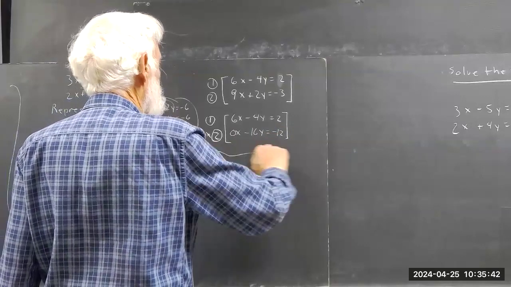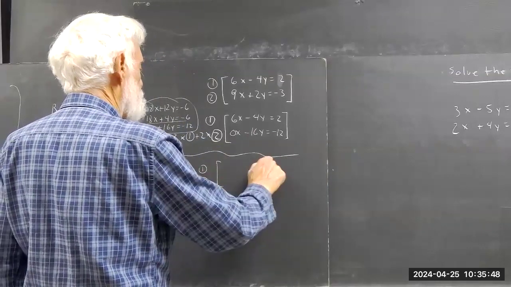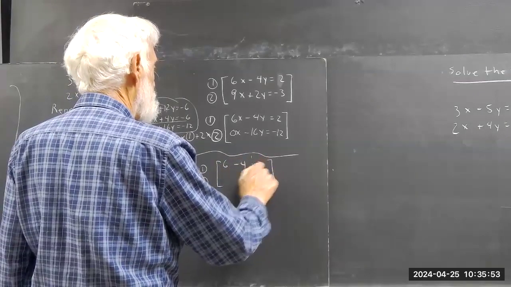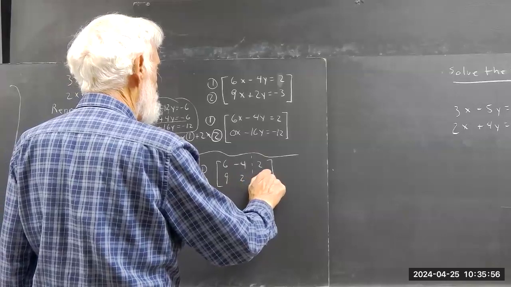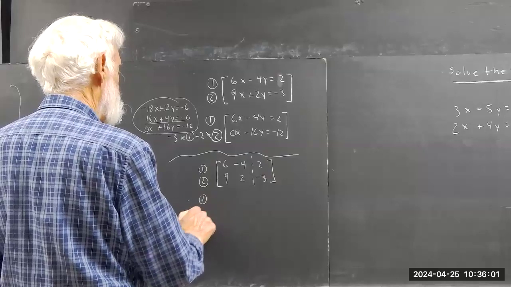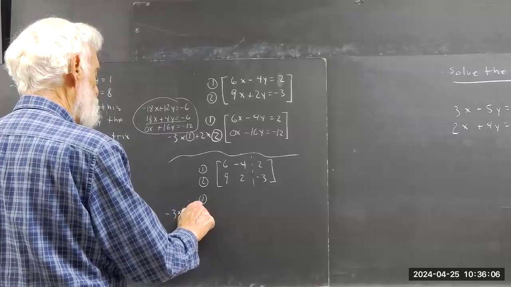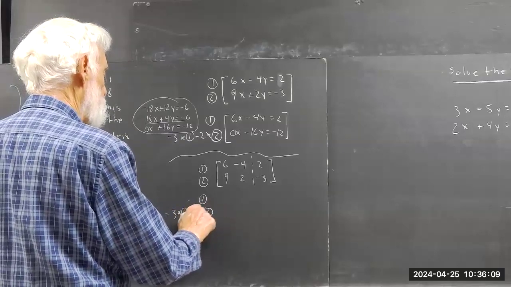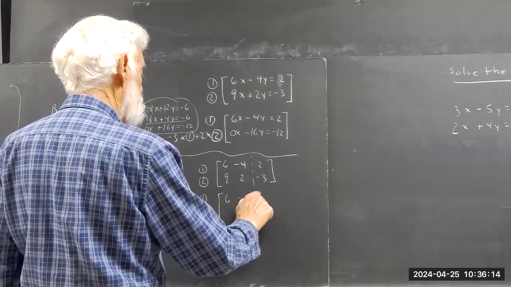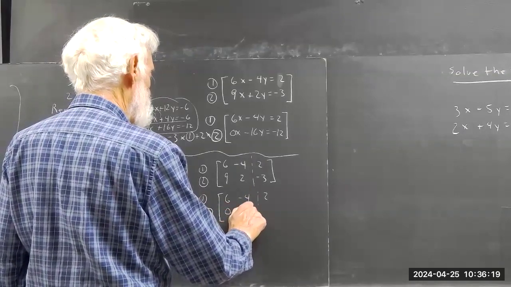Now, of course, that could have been done just using the numbers. Again, we do row 1 and -3 times row 1 plus 2 times row 2. And we get 6, -4, 2, 0, negative.